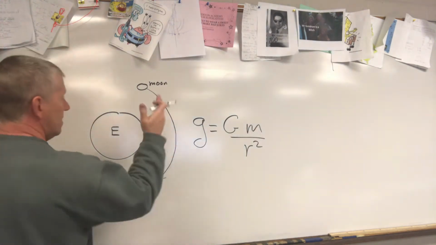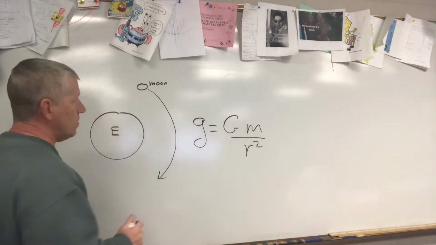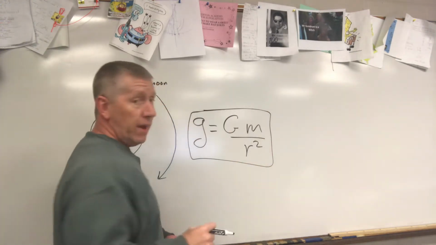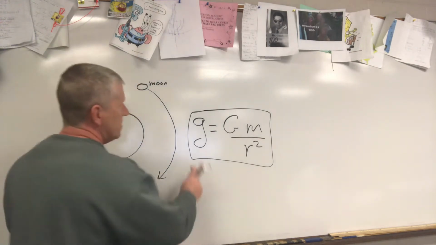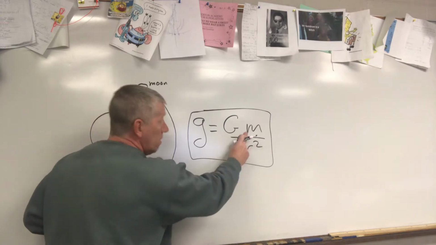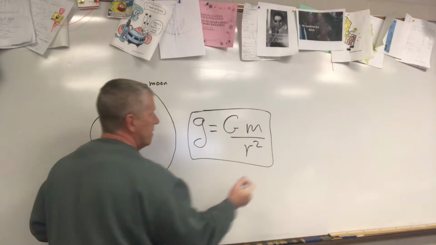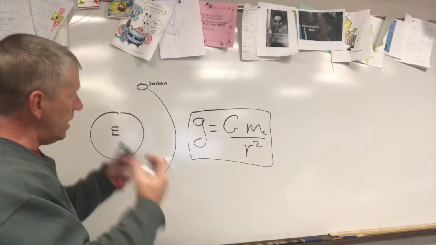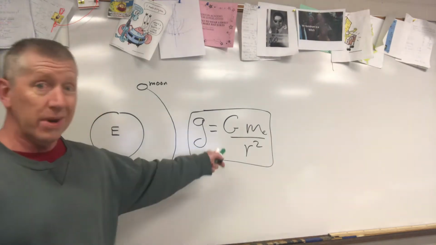So this is going to be different than this. That's why we need this nifty, cool equation in order to calculate what G is some distance away from the center of the Earth. So G for satellites around the Earth can be calculated at some height above the Earth if we use this nifty cool equation. And we're going to need that.